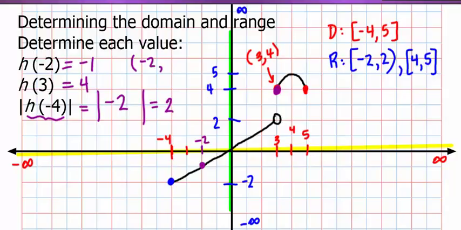So what we're saying is negative 2, negative 1 should be an ordered pair on the graph, which it is. 3, 4 should be an ordered pair on the graph, which it is. And then negative 4, negative 2 is an ordered pair on the graph, but they want us to take that output and make it positive, which is what these absolute value bars stand for. And now you should be able to do at least the first half of your homework without too much confusion or frustration.